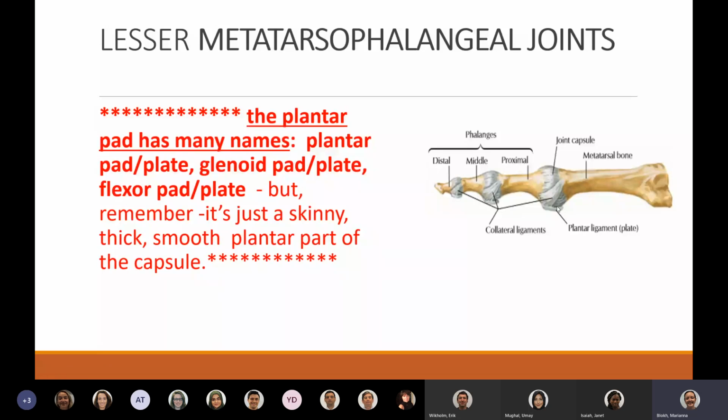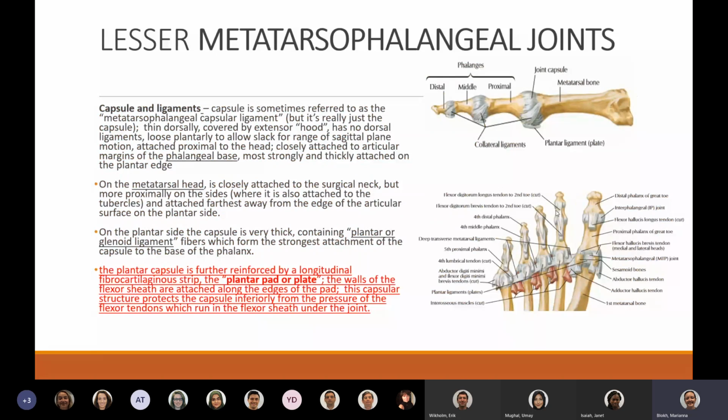If that plantar plate mechanism is broken, stretched, or torn, we develop hammer toes, okay? And we develop pain and issues with it. So that's why it's a very high yield topic. More or less, it just looks like a skinny, thick, smooth little pad underneath the plantar capsule, but it plays a very important role, okay?